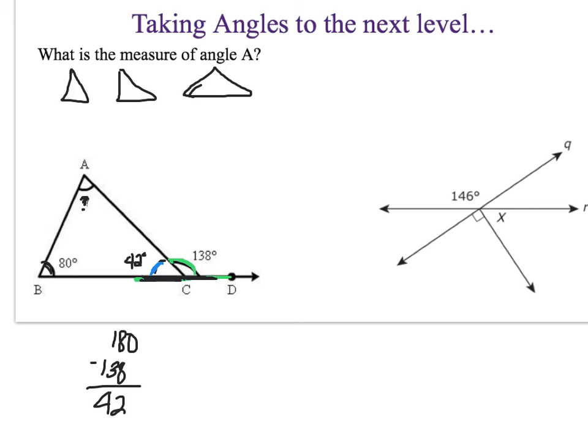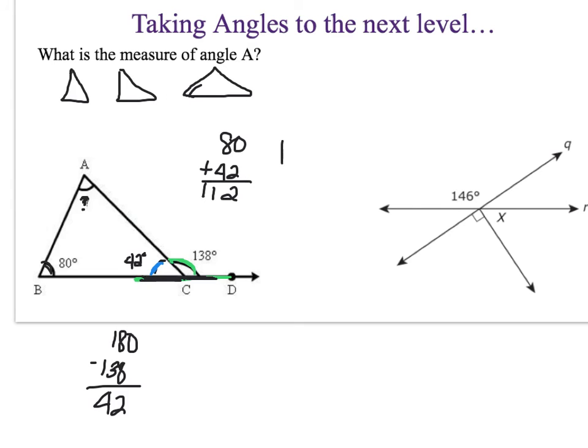So now that I know two of the angles in the triangle, I can figure out the missing angle. So first let's add up the two angles that I know. So 80 and 42 is 112. So already I have 112 degrees taken up in this triangle by these two lower angles. So to get A, I'm going to need to subtract.